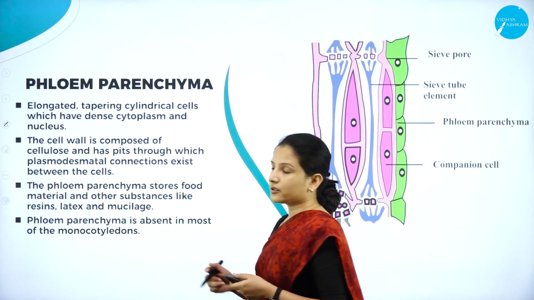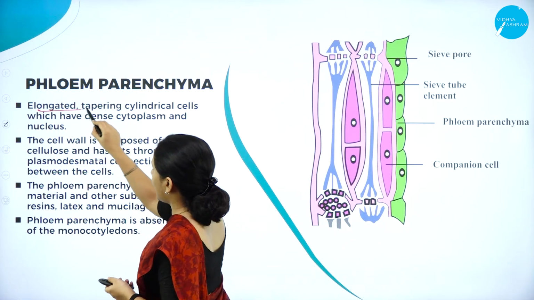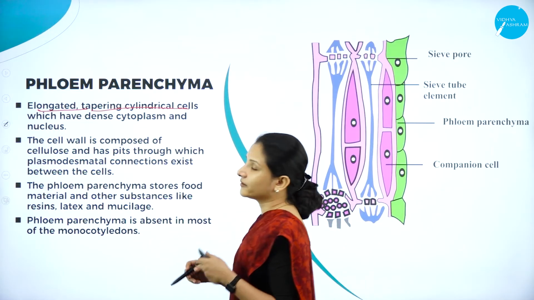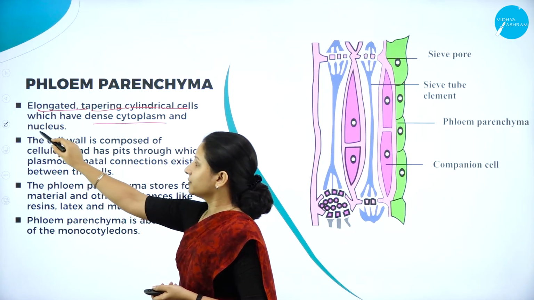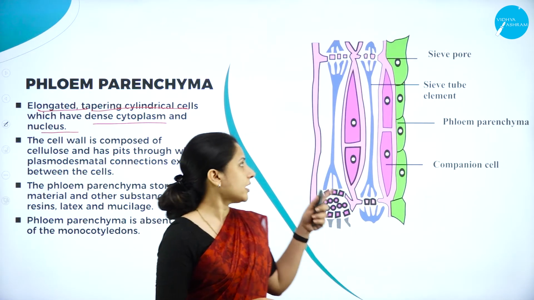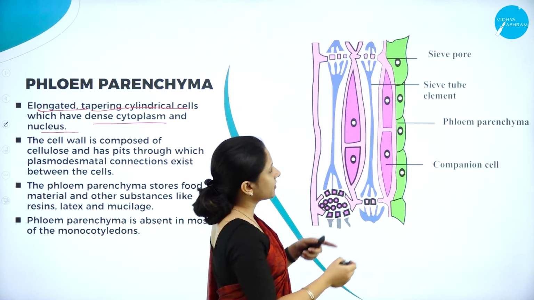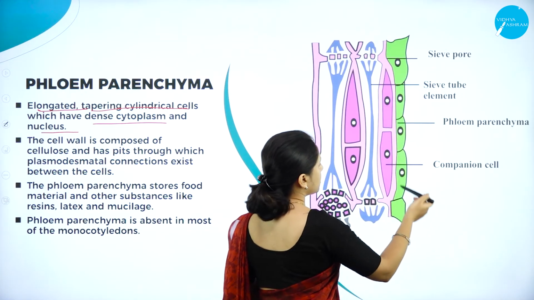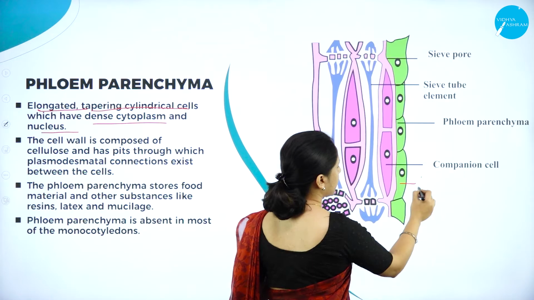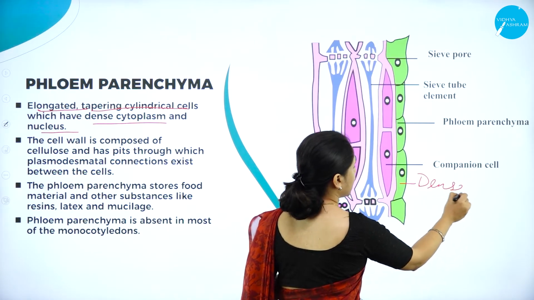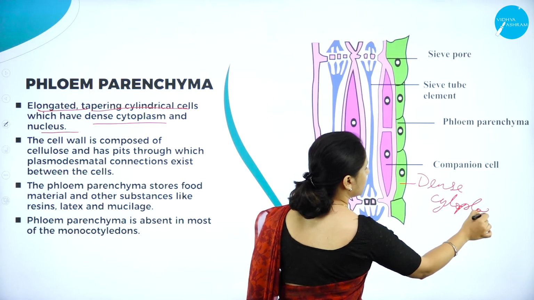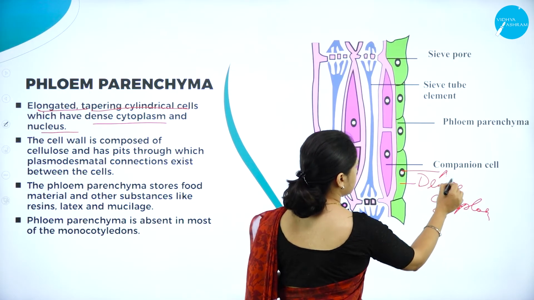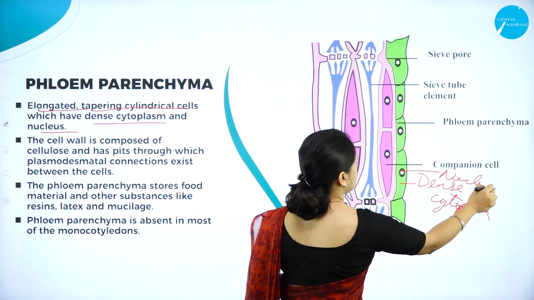Phloem parenchyma cells are also elongated, with tapering ends, and they are usually cylindrical in shape, with dense cytoplasm and a nucleus. As you can see, they are elongated, tube-like, with dense, very thick cytoplasm, and the cell has a nucleus.